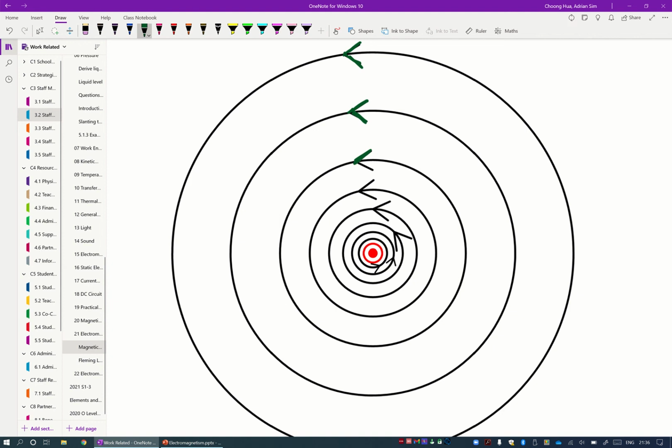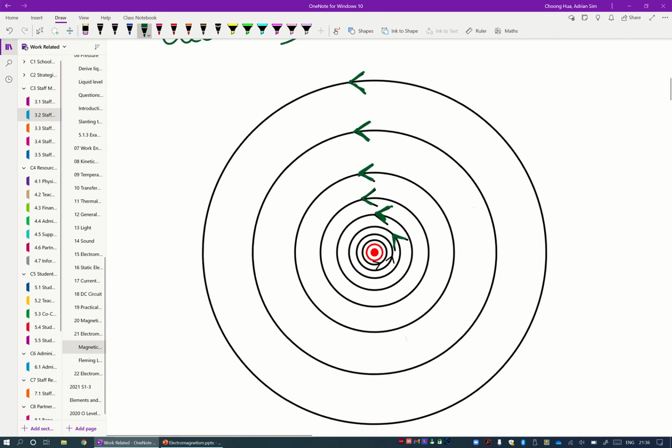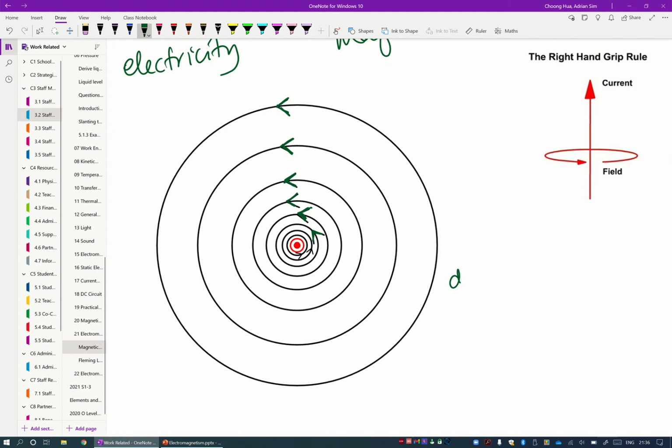This arrow points in the direction of the four fingers. So using the right hand grip rule, we are able to determine that the direction of the magnetic field for a current coming out of the plane is in the anti-clockwise direction.